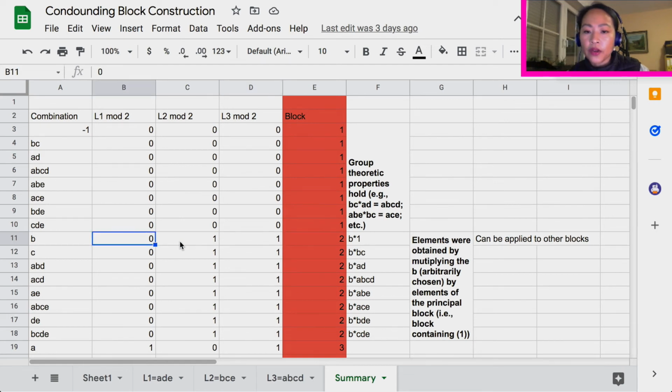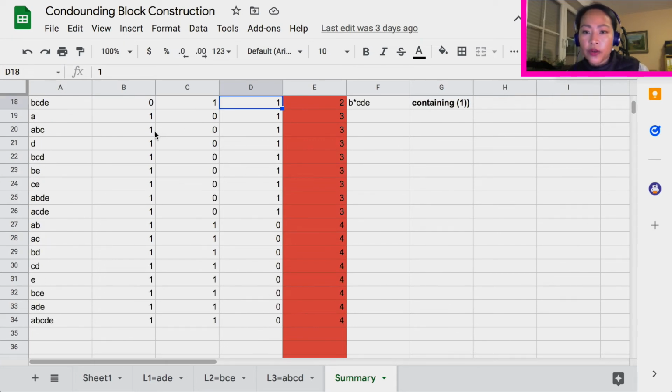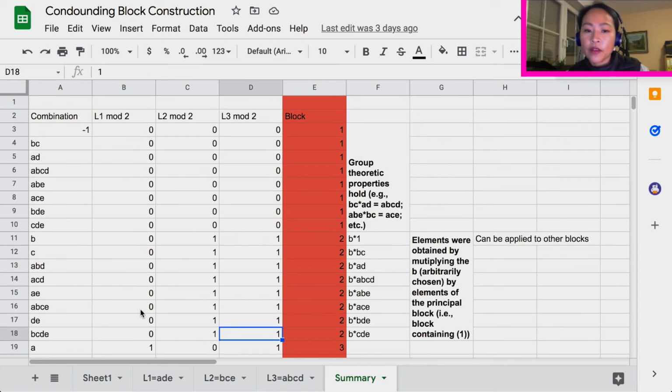Another group where the values for L2 modulus 2 and L3 modulus 2 are 1. Another group where you have 1 for L1 modulus 2 and L3 modulus 2. And lastly, 1 for L1 modulus 2 and L2 modulus 2. So we have 4 groups, and with these 4 groups, we can form the 4 blocks.